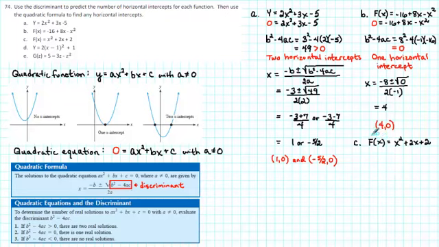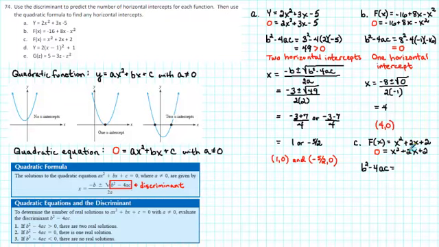For c, we're given the quadratic function f of x is equal to x squared plus 2x plus 2. To find the horizontal intercepts, we first of all substitute 0 for the dependent variable f of x. To predict the number of real solutions to this equation, we'll use the discriminant.